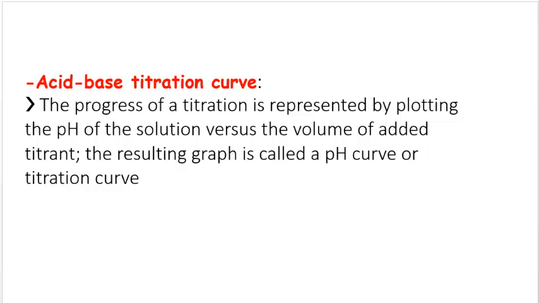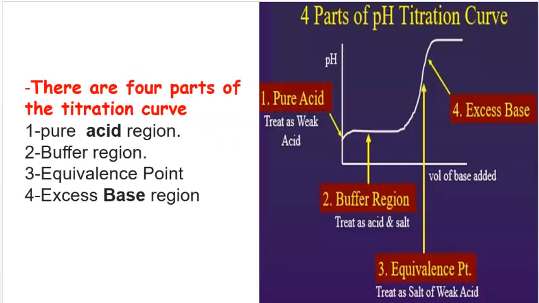Acid-base titration curves. The progress of a titration is represented by plotting the pH of the solution versus the volume of added titrant. The resulting graph is called the pH curve or titration curve. There are 4 parts of the titration curve.